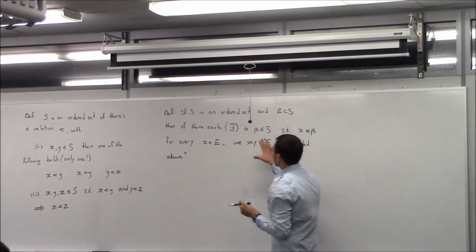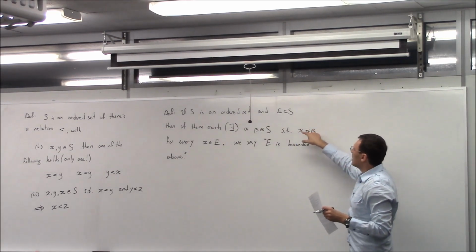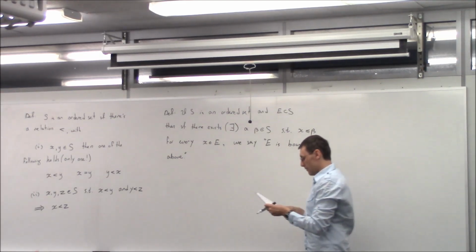Okay, so again, very simple definition, right? If there is a measurement bigger than every member of E, then E is bounded above.